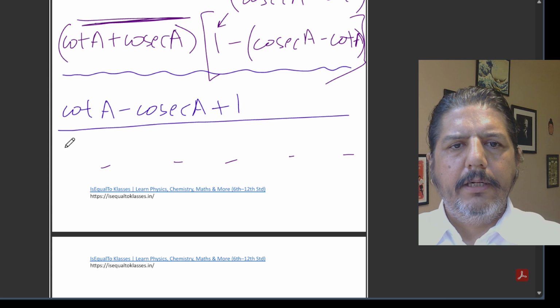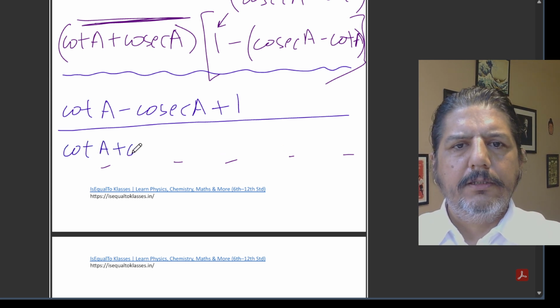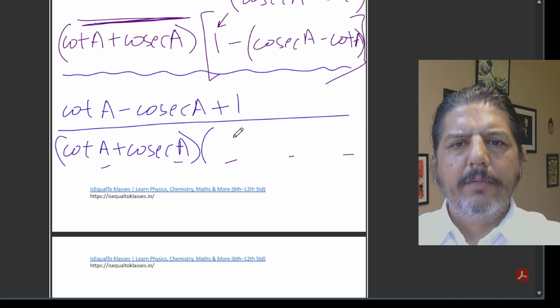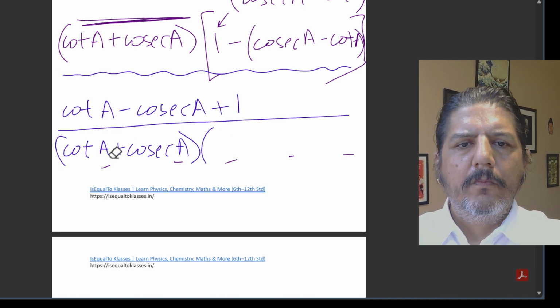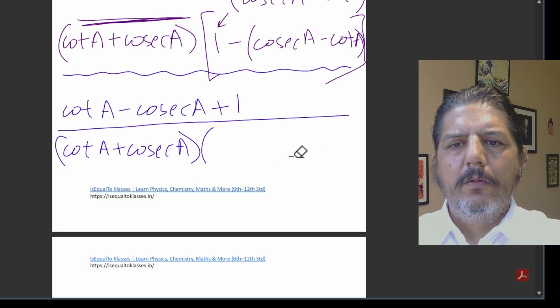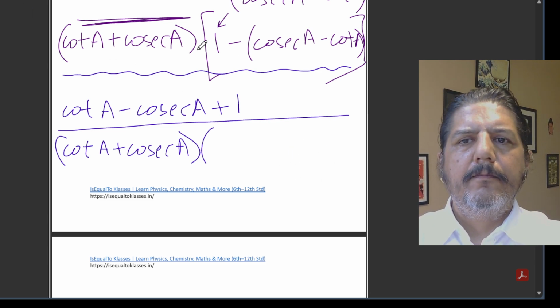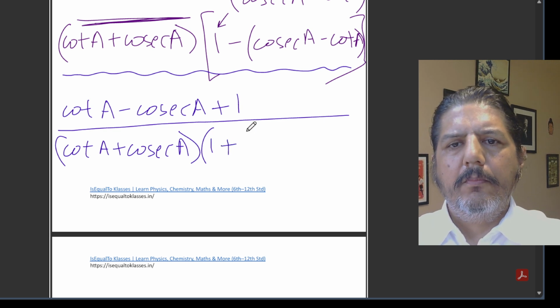Now my denominator is cot A plus cosec A multiplied by 1 plus cot A.